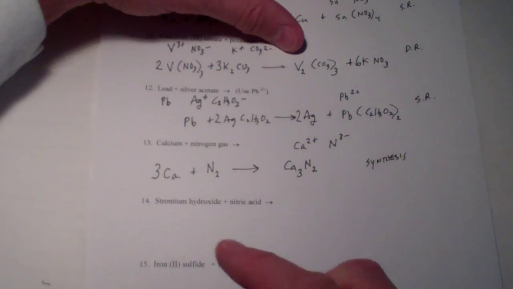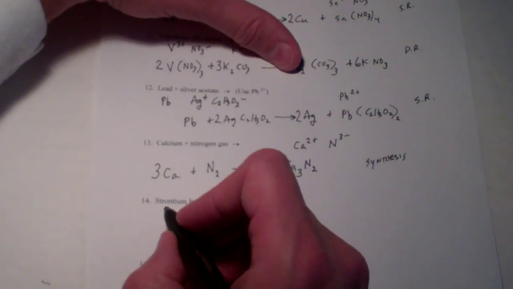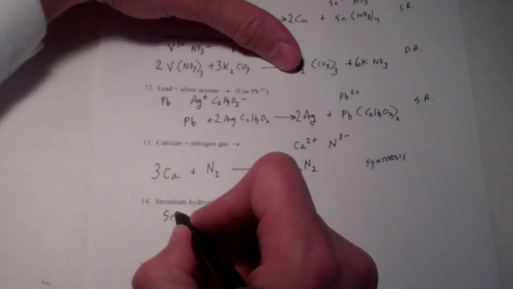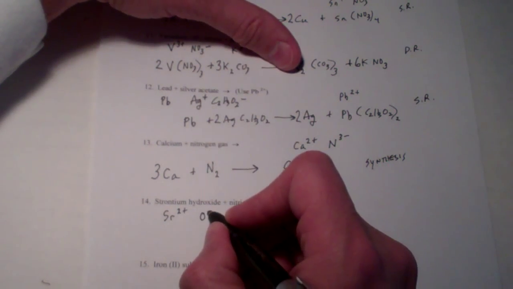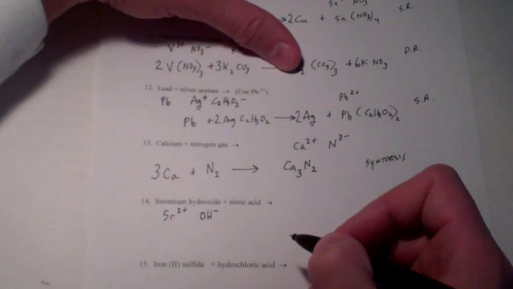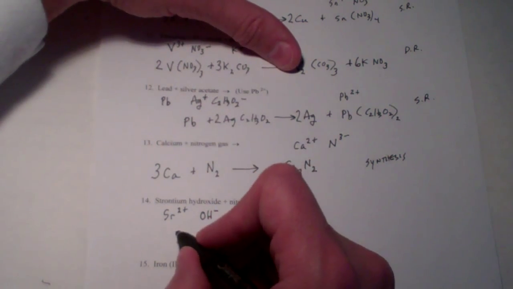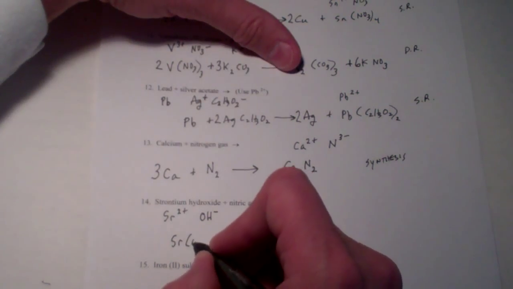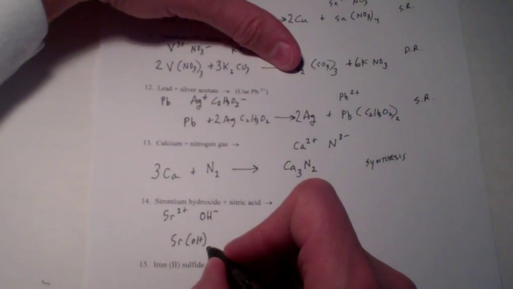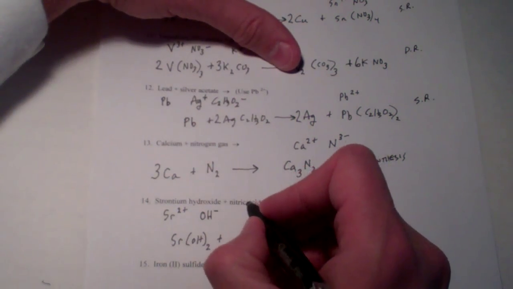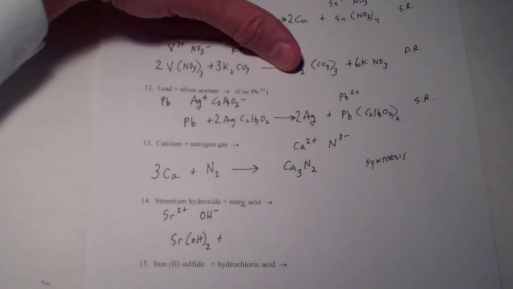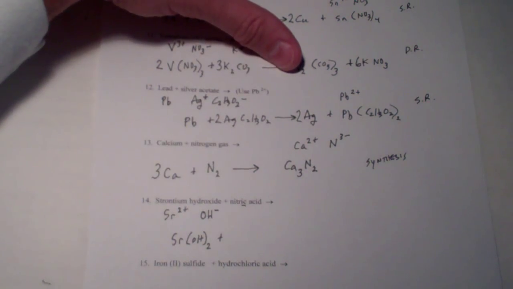Number 14, strontium hydroxide. Strontium, Sr, 2 positive, it's in group 2. Hydroxide, a polyatomic we saw earlier in this assignment, is OH negative. So we have Sr, parentheses around the hydroxide because we need more than one of those, with a 2 on the outside. Nitric acid. Now remember, this is not binary because it does not begin with hydro.